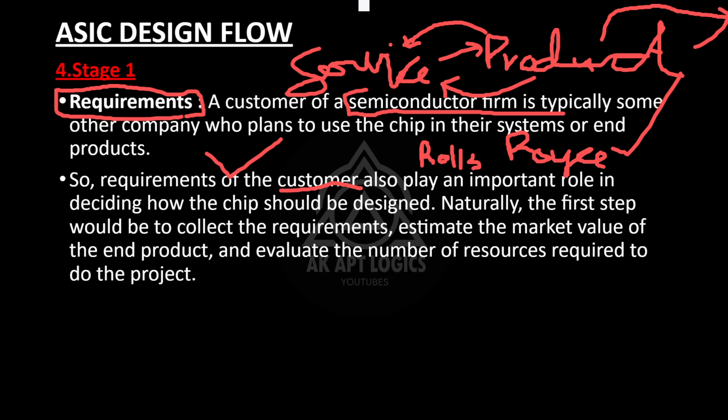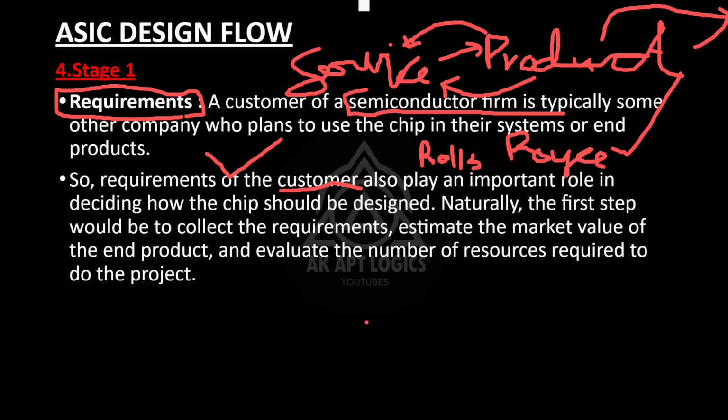So the company takes reviews from those who are aware of devices and who use more devices. They ask how you find the design, write those points down, discuss them with their technical team, and give the requirements to the team inside the product based company. Or if they want to assign that particular work to a service based company, then the requirements will be given to the service based company.